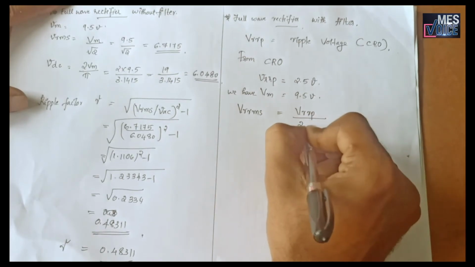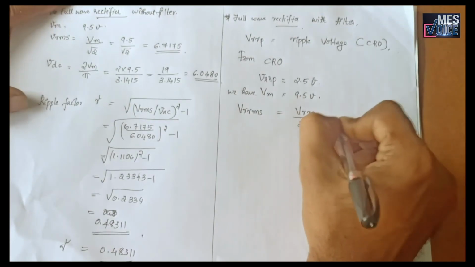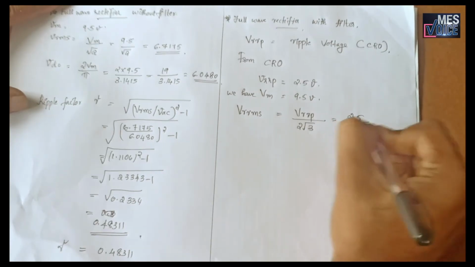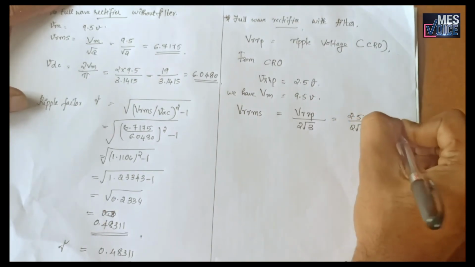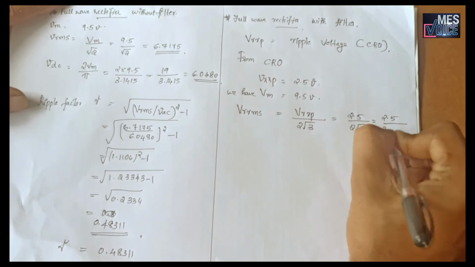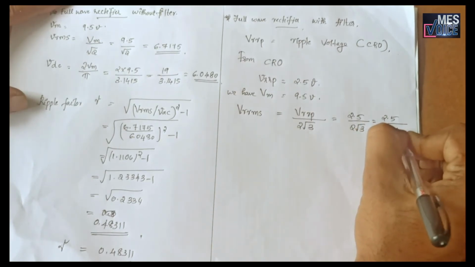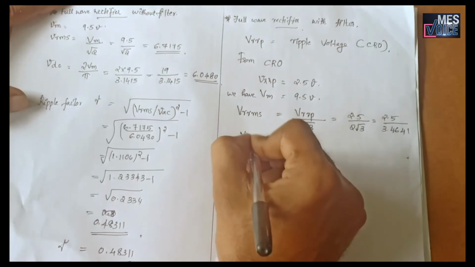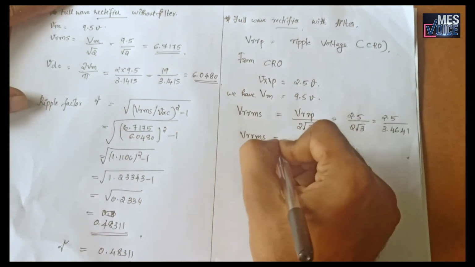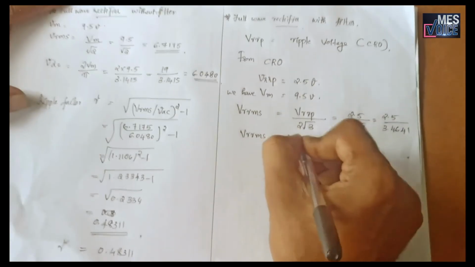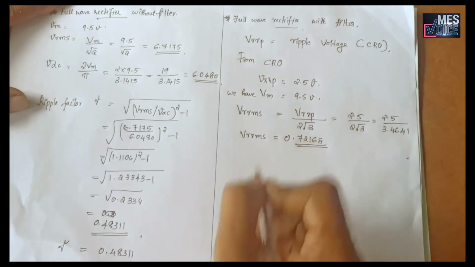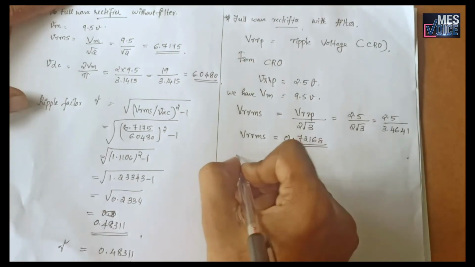So V_r RMS is V_rpp divided by 2 root 3, which is 2.5 divided by 2 root 3, which gives 2.5 divided by 3.4641, so V_r RMS equals 0.72168.